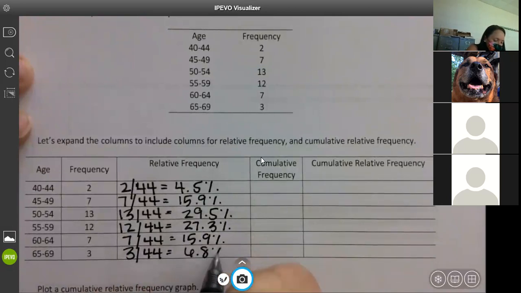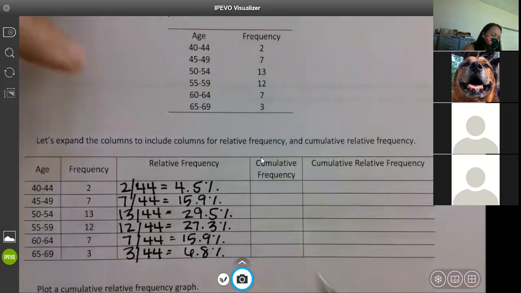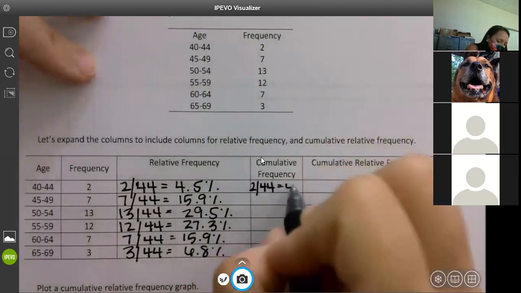Now that is what we did in the last chapter, relative frequency. What we have not talked about is cumulative frequency. That just means you add it together. So we're going to start with the 2 out of 44 again, which gives us 4.5%.